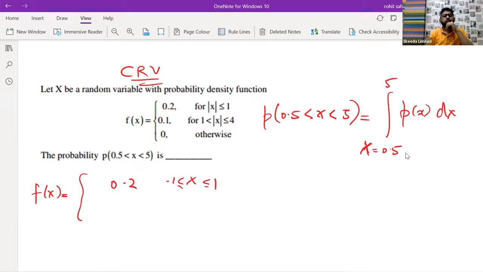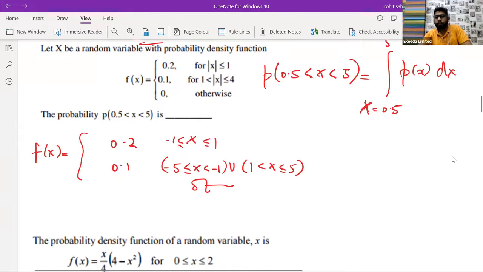And if you break it, we only care about the positive part, but I'm telling you anyway: -5 to -1, and 1 to 5, like that, and otherwise. So this is also 0.1, right? So we are concerned with 0.5 to 5. That means we need to break it.